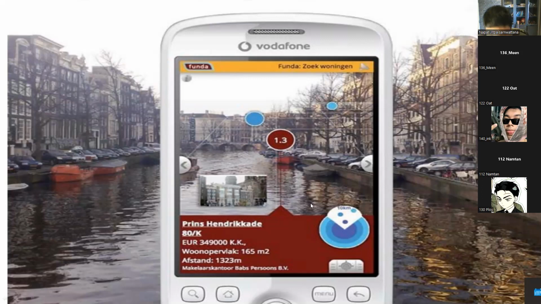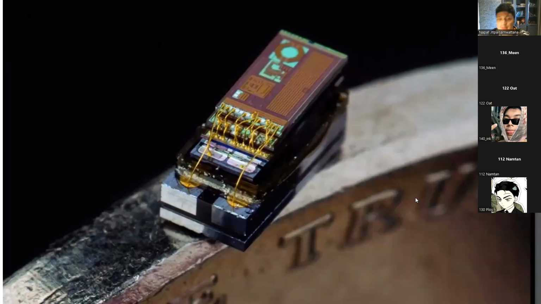Now, the next one will be more interesting. Can you guess what this one is? Random guess. Can you type in the answer in the chat so I know what you're thinking? Does it look familiar at all?